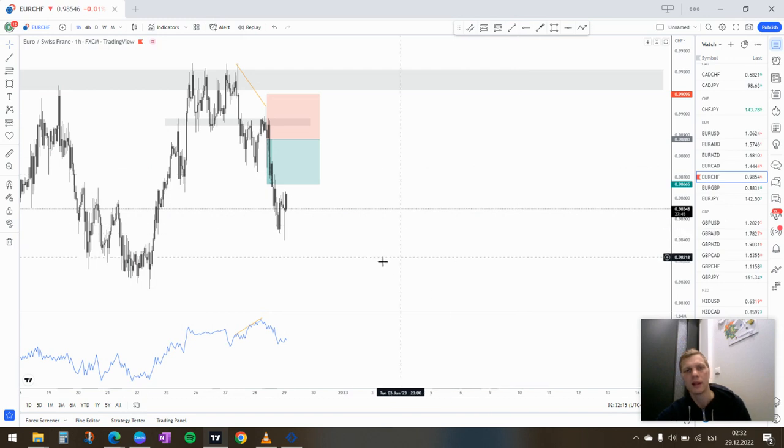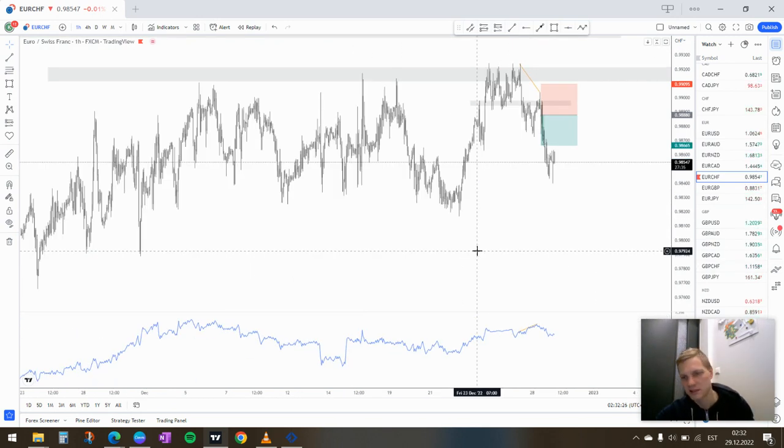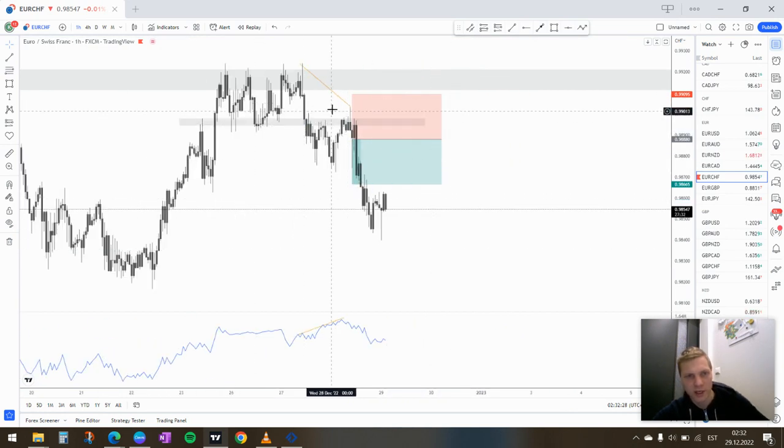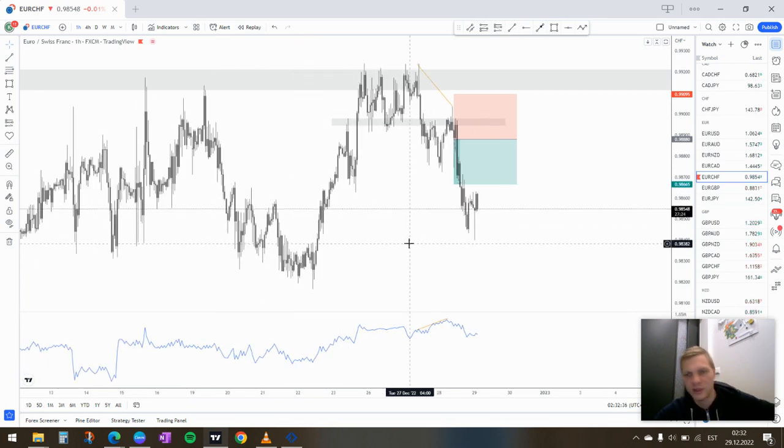So anyway, price isn't lining up with the OBV. Let's call it like that. So that was the basis of my trade. Plus, there's a wick at that resistance support here, and that's the reasoning behind this Euro CHF trade.